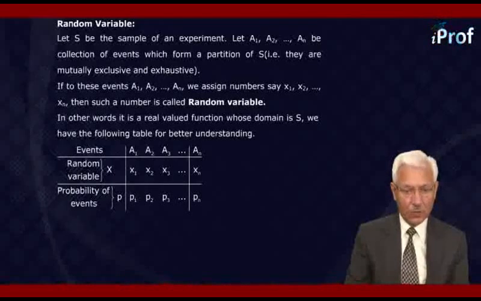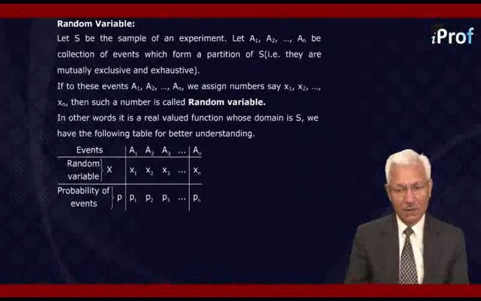Now the third row provides the probabilities of the events that are listed in the first row. P1 stands for the probability of the event A1. P2 stands for the probability of the event A2. P3 stands for the probability of the event A3.